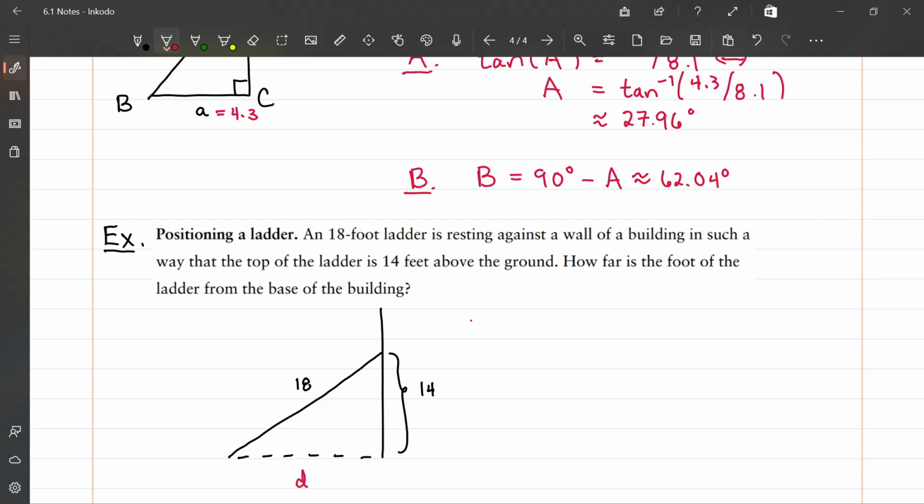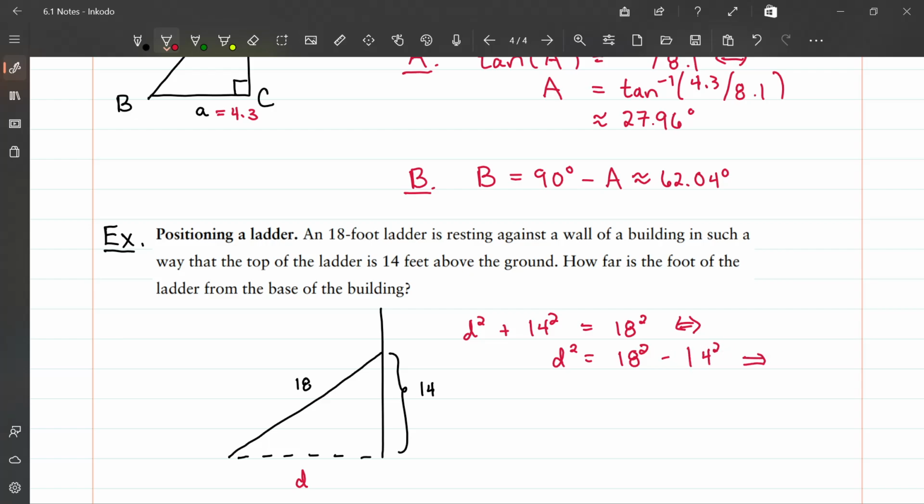And it looks to me like, based upon the Pythagorean theorem, if I were to take d squared and add 14 squared to it, then the result would be 18 squared. Equivalently, I could rewrite this as d squared is the same as 18 squared minus 14 squared.